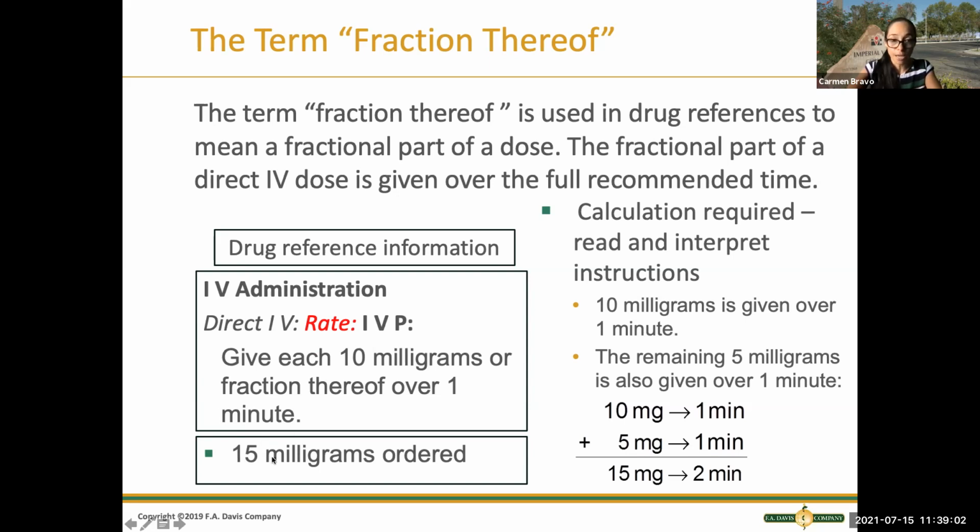The first 10 milligrams would be 1 minute, and then the remaining 5 will be the fraction thereof, so you will go a whole minute for the remaining. Even though it's not 10, you will round it to a whole minute. That's basically how we calculate by following the term thereof. Anything thereof will be the next minute.